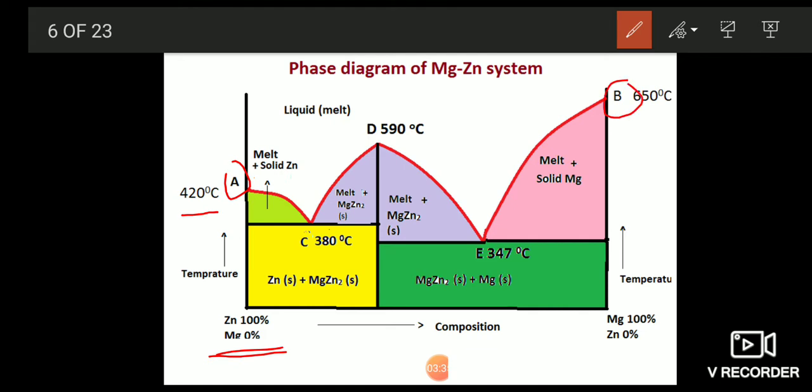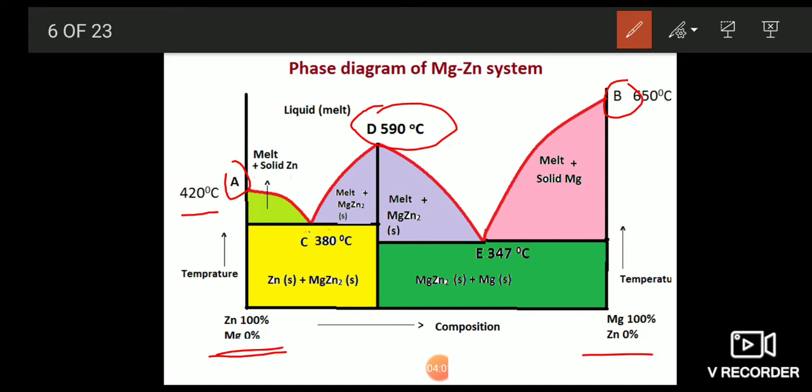And point B, where magnesium is 100% and zinc is 0%, and the temperature 650 degrees Celsius corresponds to the melting point of pure magnesium. And in between there is a peak, and that point is D, that is called congruent melting point.